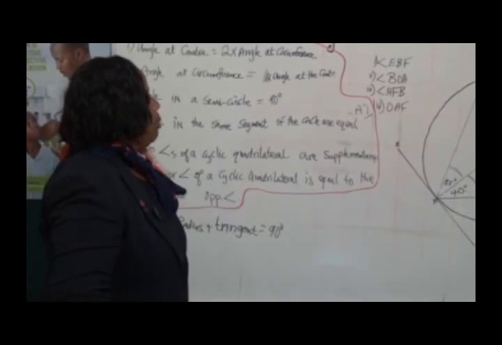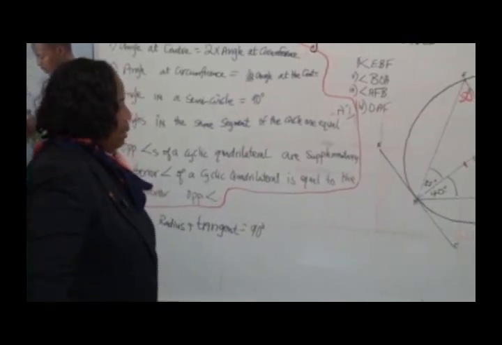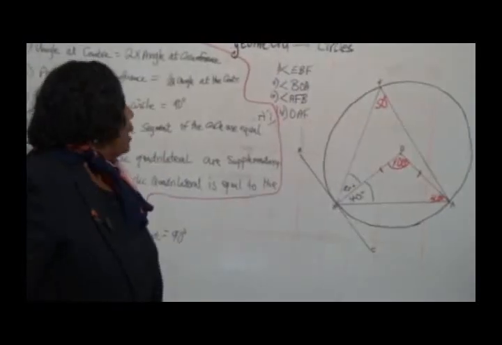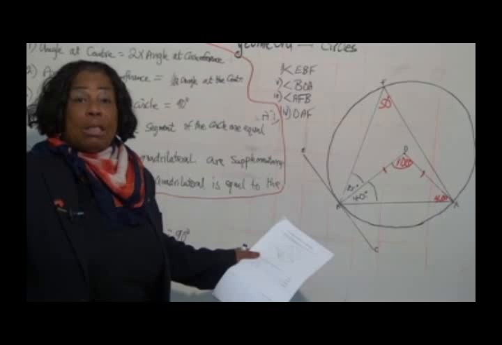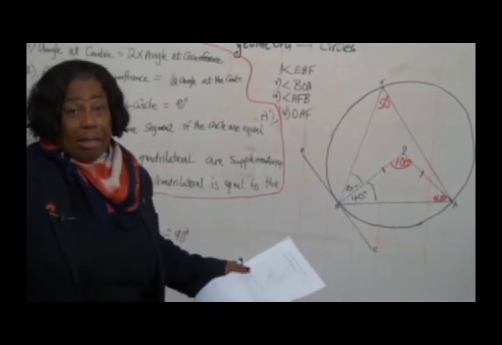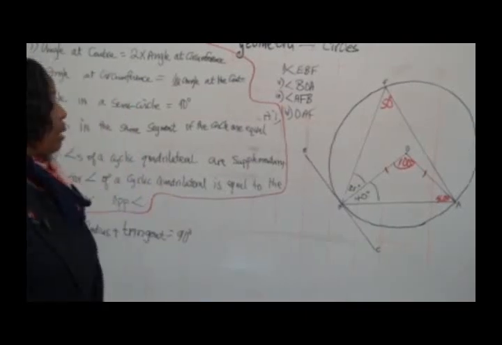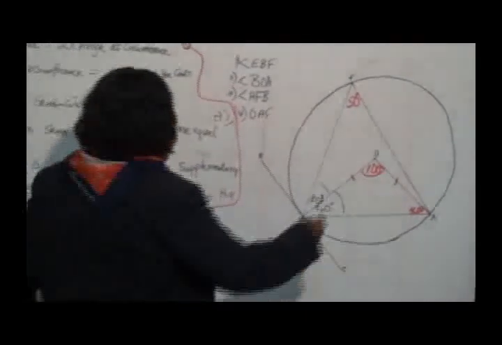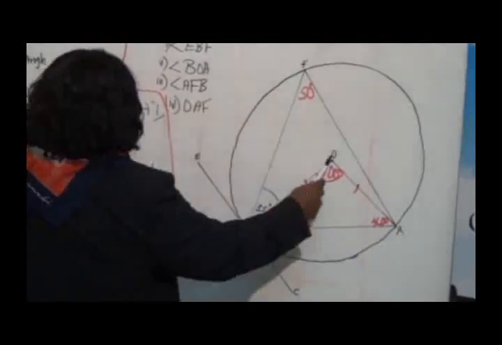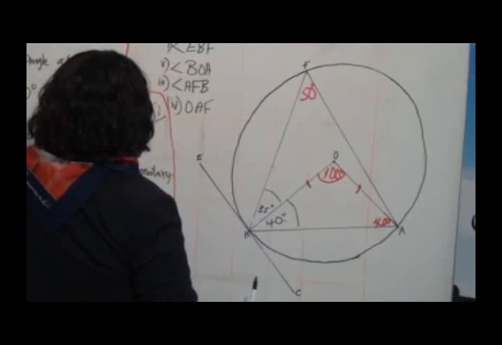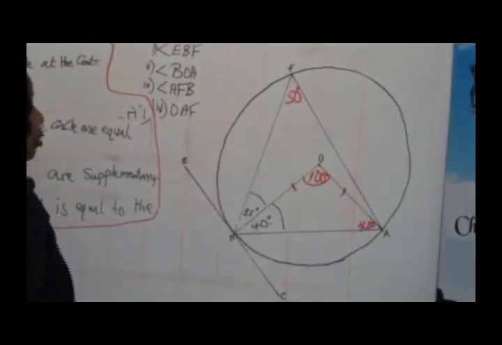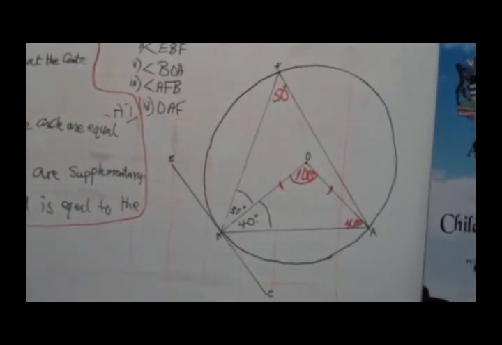So, these were the questions that we were asked to find. And notice what we have done. You're not stopping and saying, okay, look for EBF. We're filling in all the angles we can first, and then afterwards we're going to read out what they're asking us for. We knew that OB was a radius and OA was a radius, forming the triangle OBA, and because the radii are equal, we had an isosceles triangle.